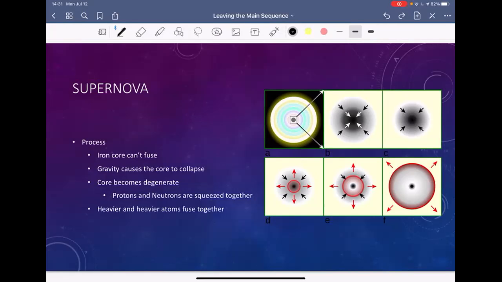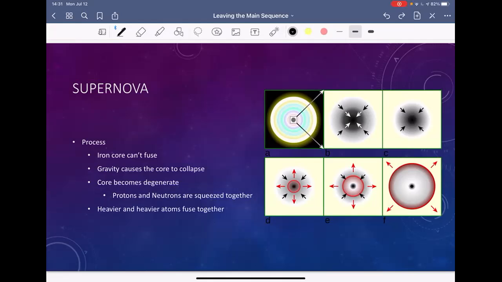That shock wave in the red expands further and further. As more and more mass hits it, the shock wave gets even bigger. So that shock wave starts from the core and expands out through the entire star. And that's what creates the explosion.